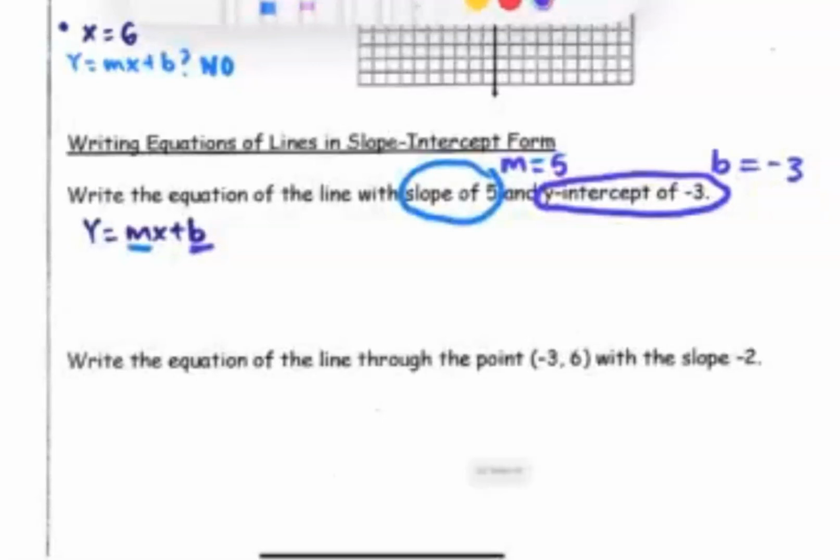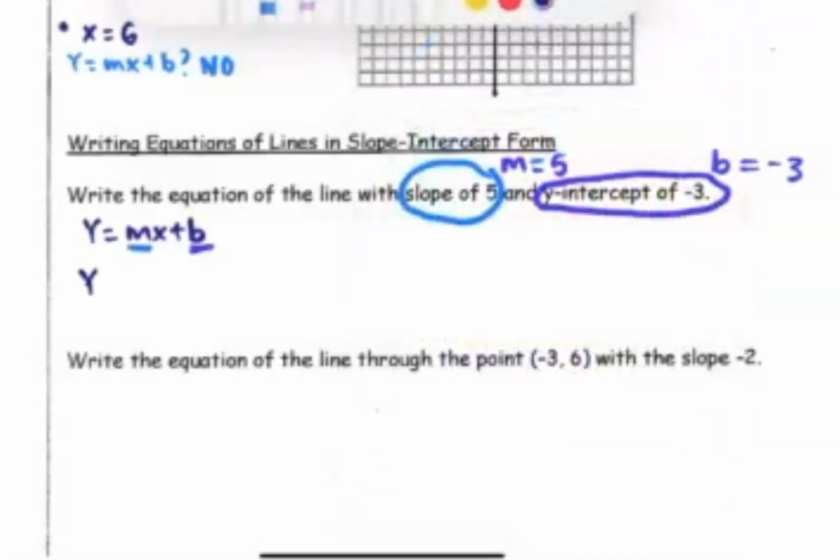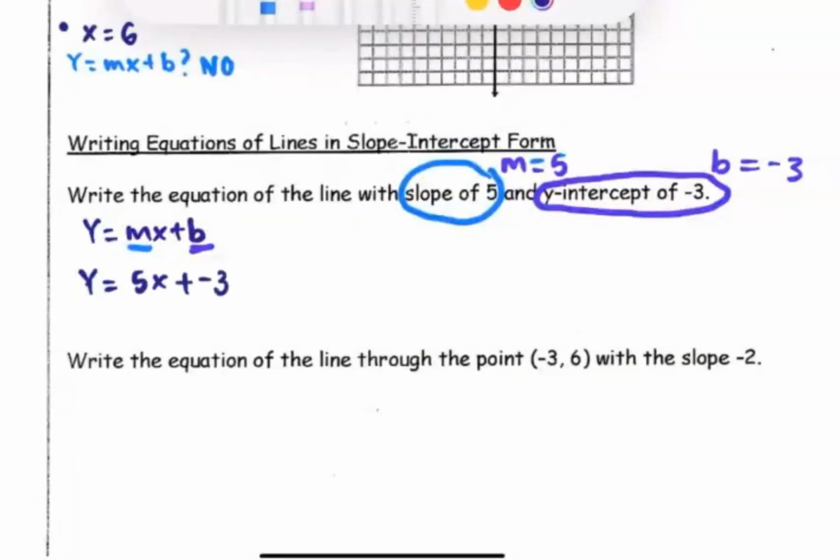So if you're ready, let's go ahead and plug stuff in. Y is equal to 5x plus negative 3. And again, m was here, m is here, m is here again. And for b is here, b was here, and so b is here again.